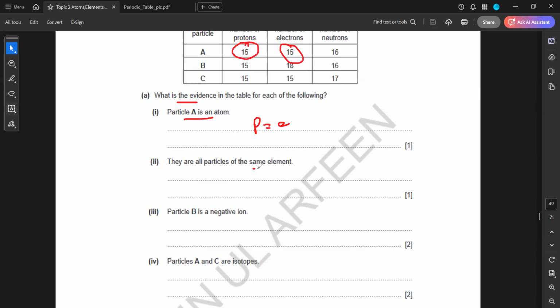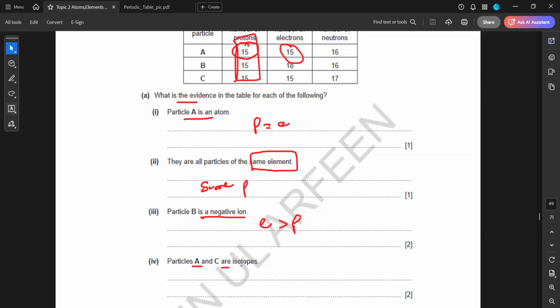They are all particles of the same element. How can I say they are all the same element? Same proton number. Very good. The proton number is the identity of the element. If different atoms have the same proton number, it means they are the same element. Particle B is a negative ion. Why is particle B negative? It has more electrons than protons.